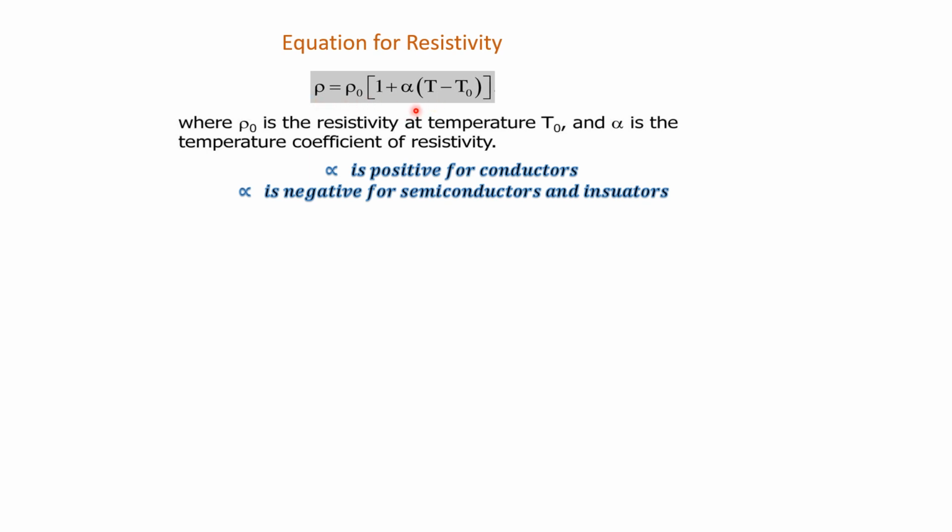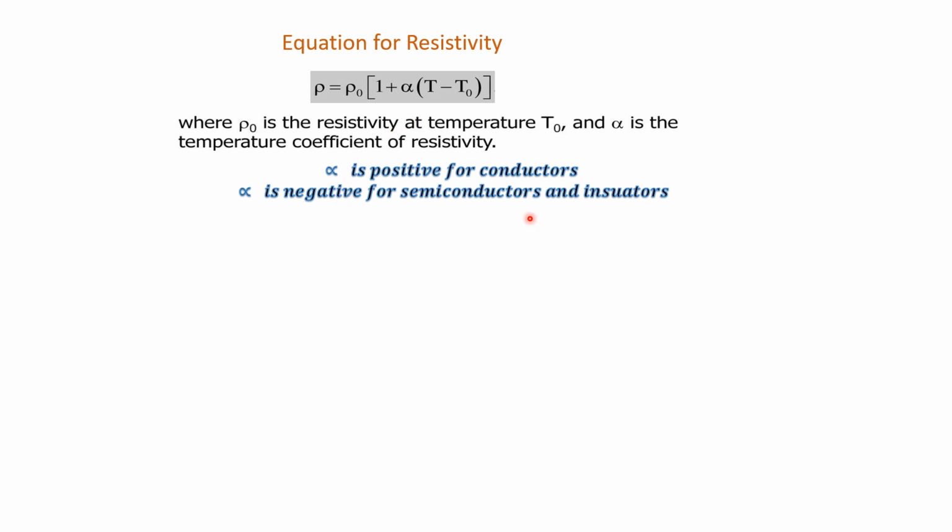So as the temperature increases, the resistivity here has to increase. So the resistivity at a higher temperature compared to the reference temperature will be 1 plus a positive quantity here. So since it is positive, it also verifies that the resistivity increases.